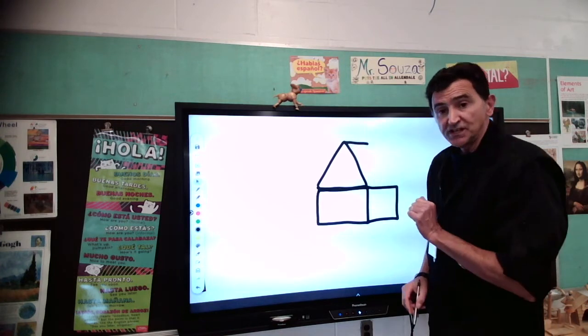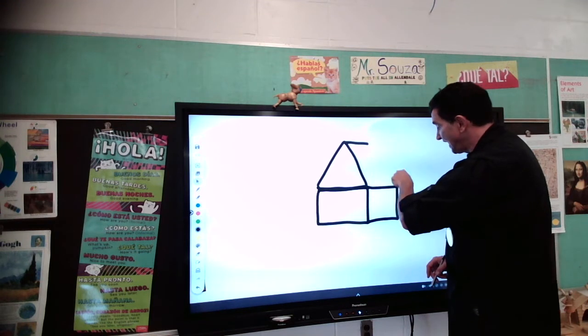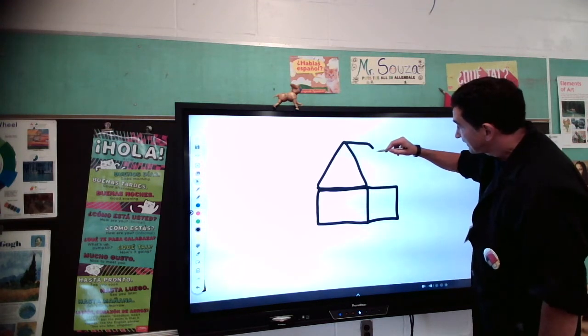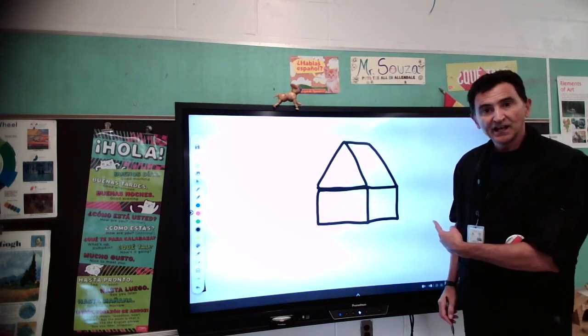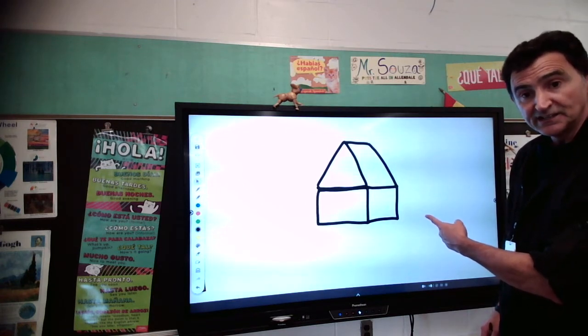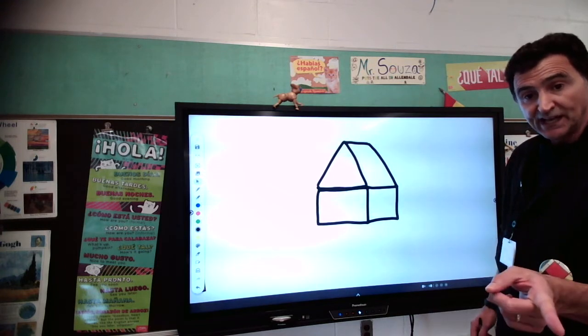See? It's not a long line. Now, from this line here, I'm going to go there. Do you see that? That's a 3D house. So, let's do it again.